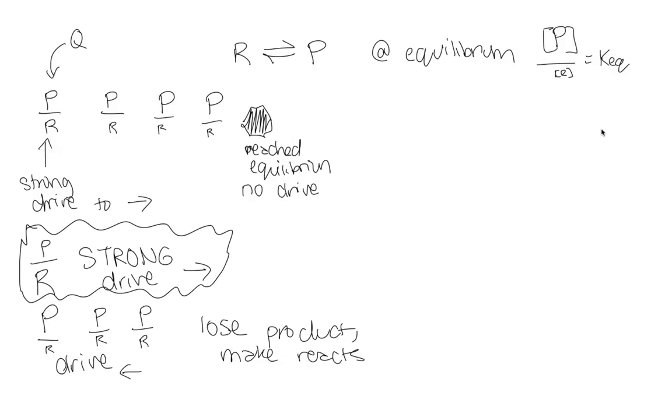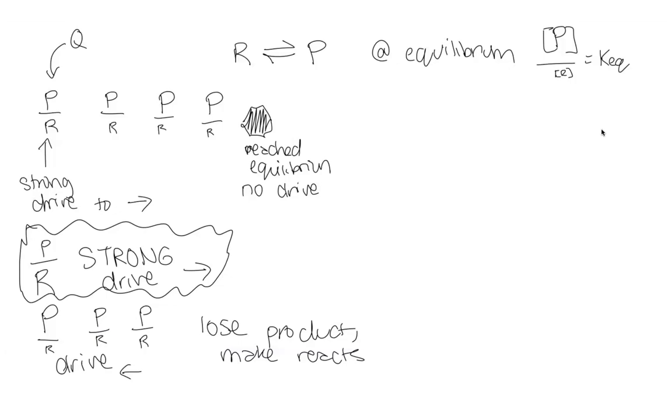But there's kind of a problem. Do you see it? As we make more of that product, we're losing our power to make more of the product. And so if we want to keep making more, we're going to have to keep feeding the pathway.